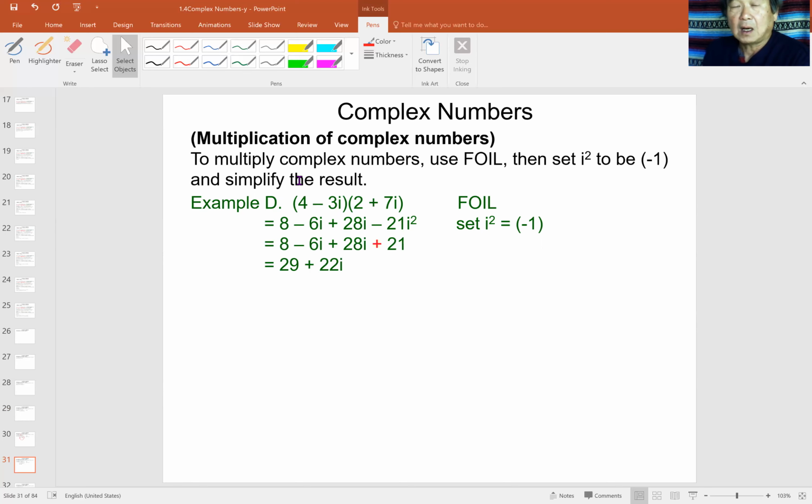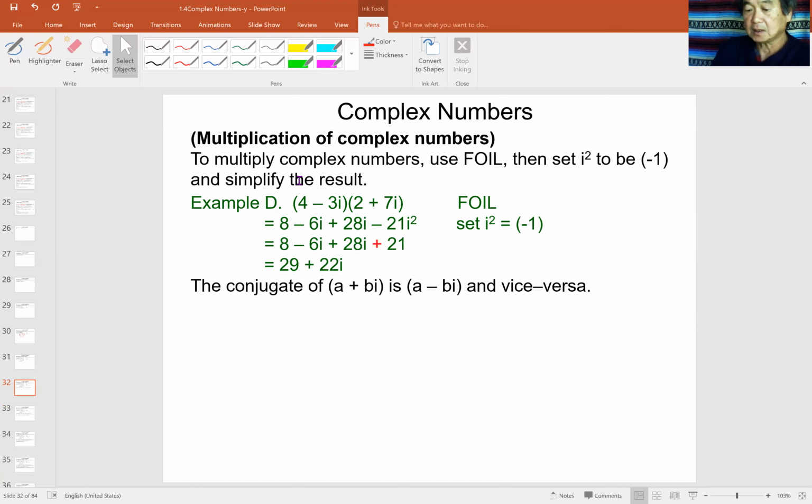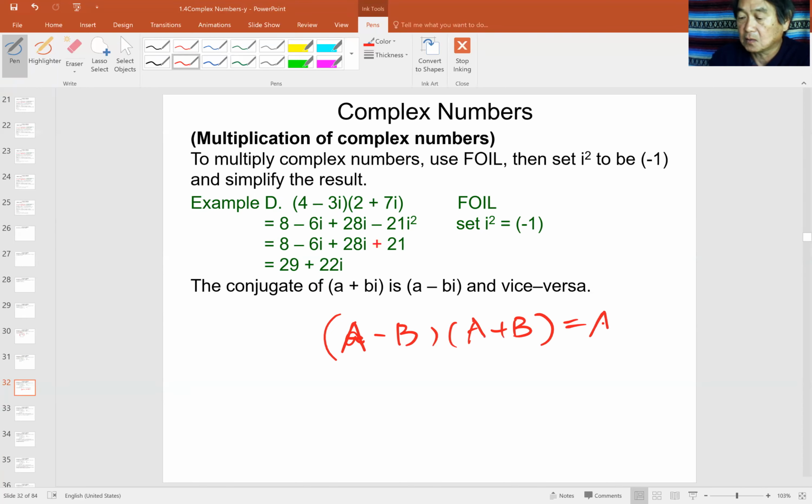And out of these multiplications, the conjugate multiplication is the most important one, because we use it to help us divide. Okay. What are conjugates? Numbers that differ by a plus and minus sign. The point about multiplying conjugates is that a minus b times a plus b gives the square of a minus the square of b.